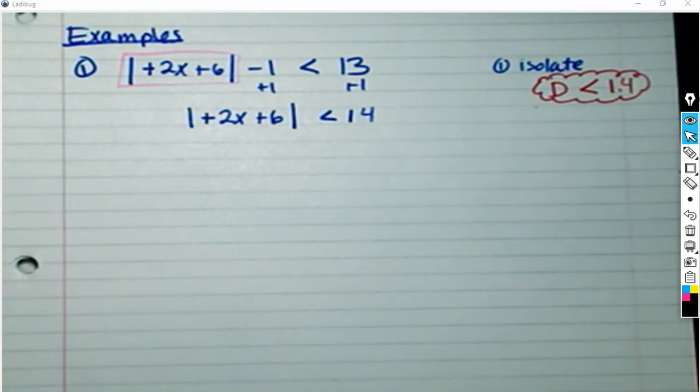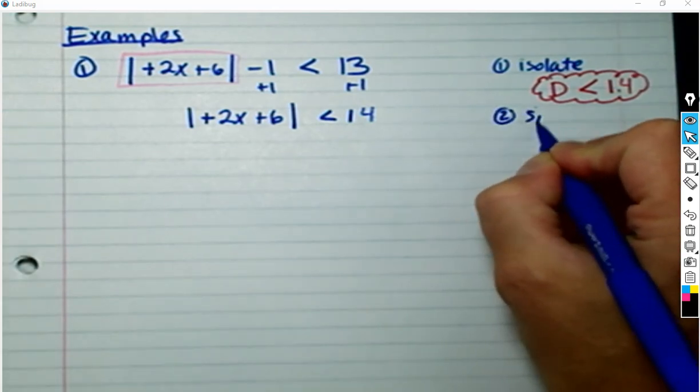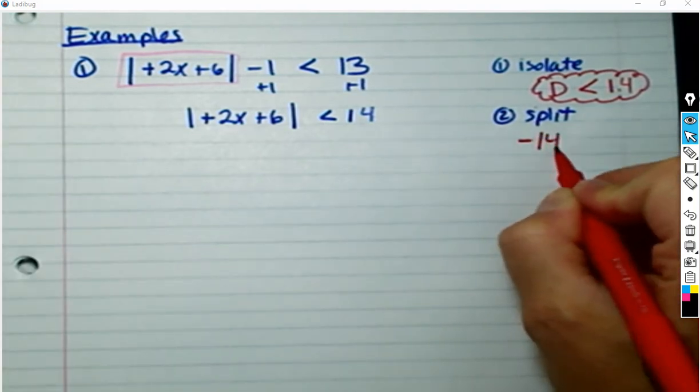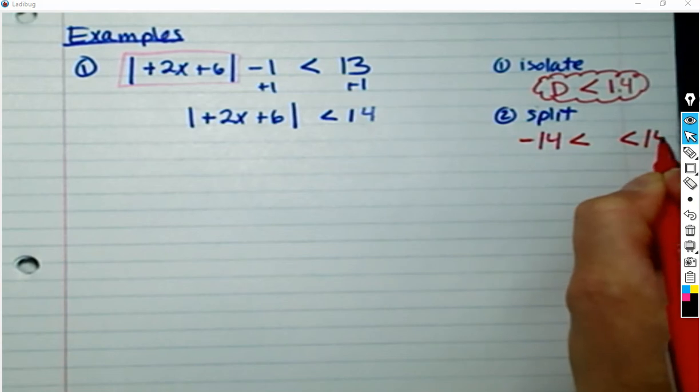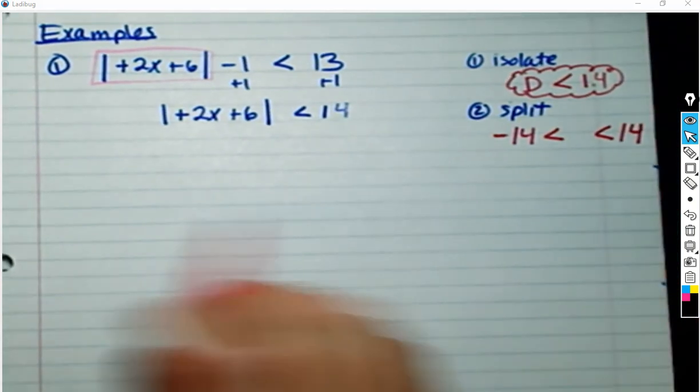Think, if my distance is less than 14, when I split this, I know that it's going to be between the endpoints. Okay?